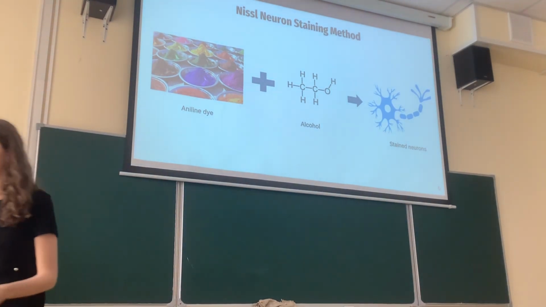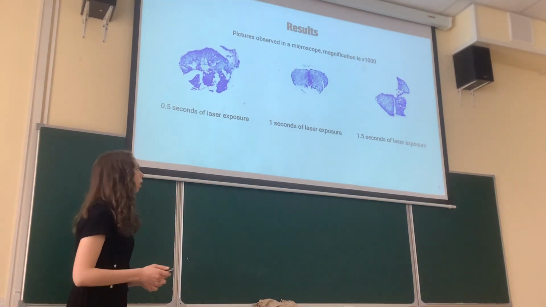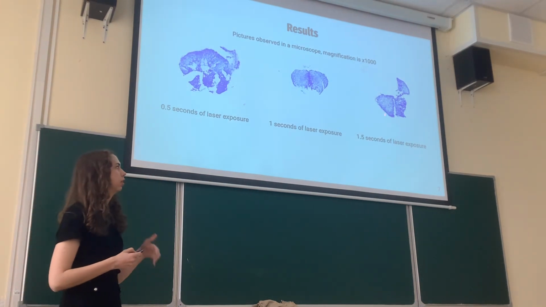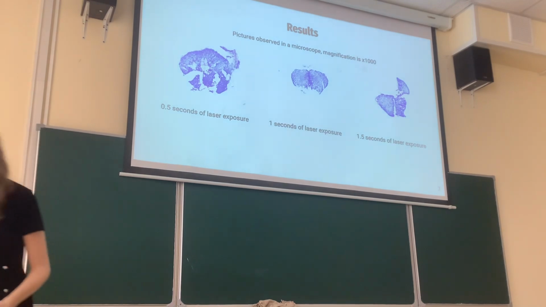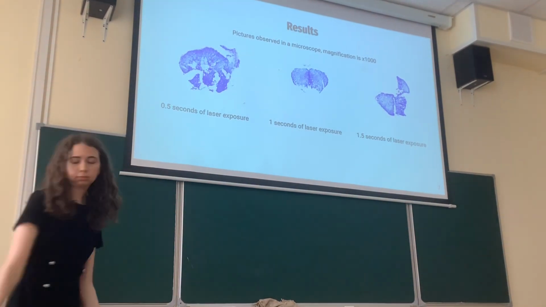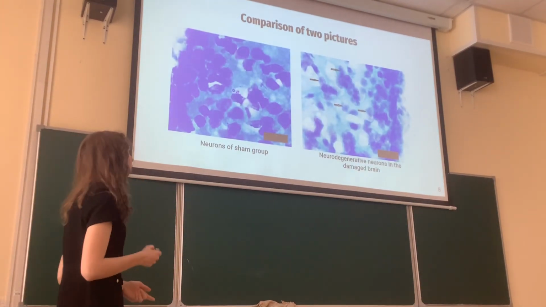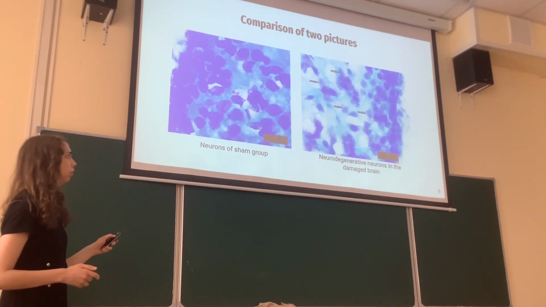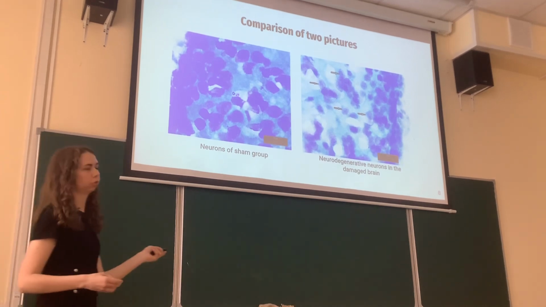So here are the pictures of what we got. The blue refers to the neurons, and here is what we observed in the microscope, and here's a closer look. Here you can see the neurons of the sham group.